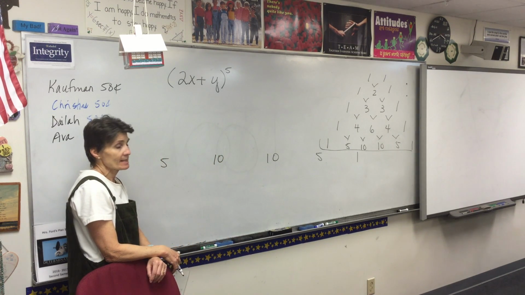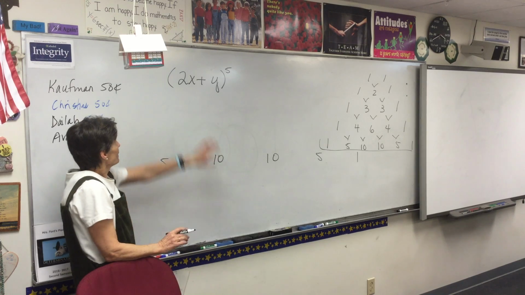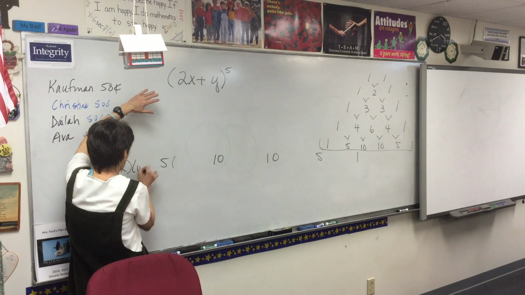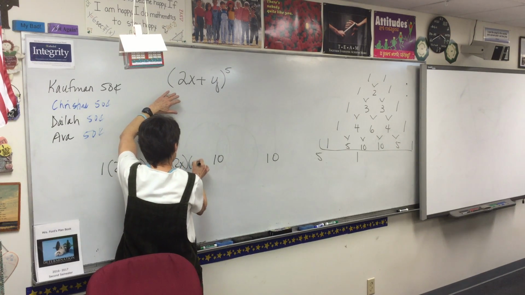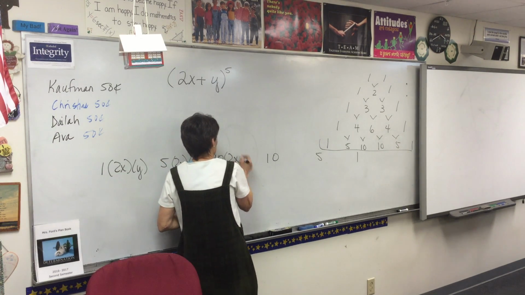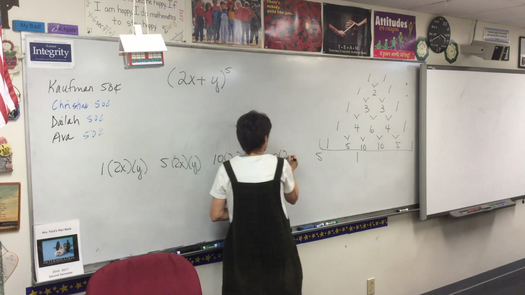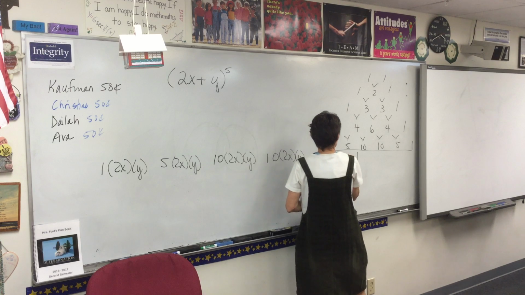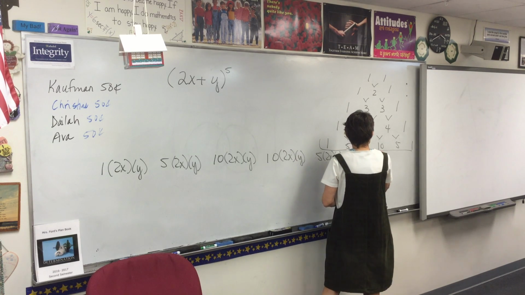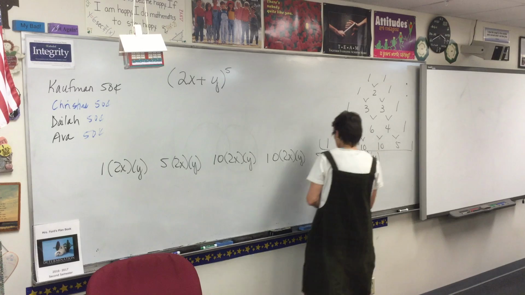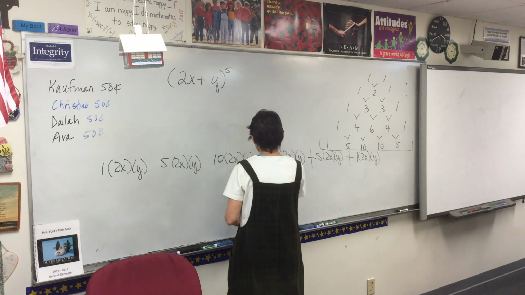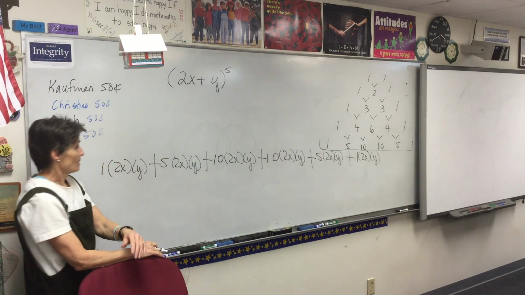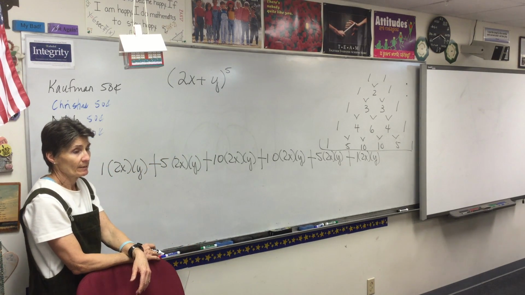All right, what's the next thing I'm going to do? 2x and y next to each one. Things are starting to run together, so I'm going to put my plus signs in to make sure I don't get confused. I want to separate these terms, so I'll put some giant plus signs in there.